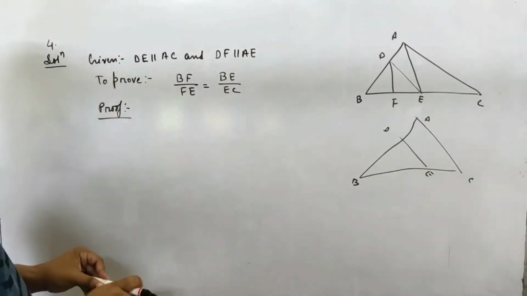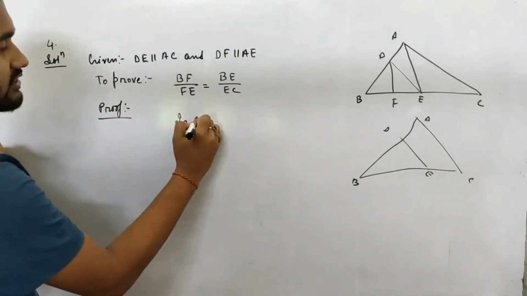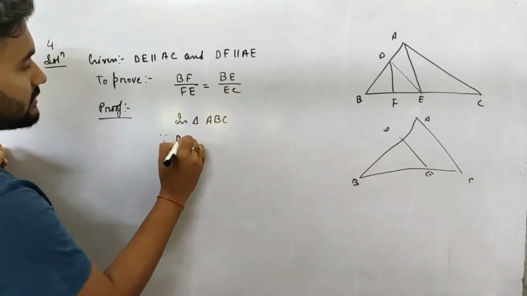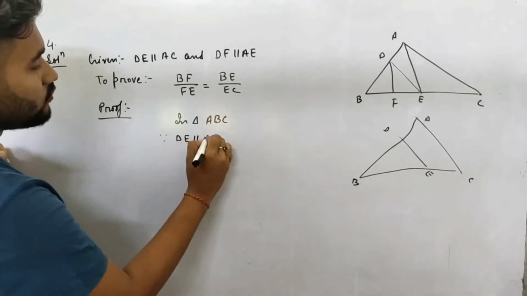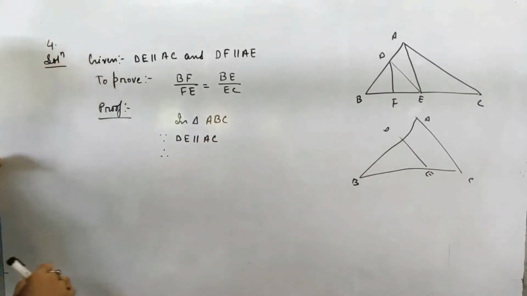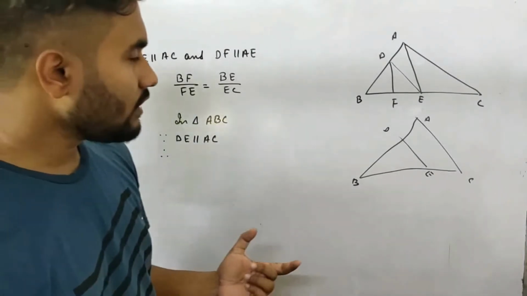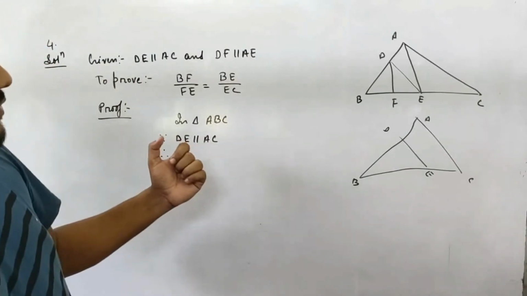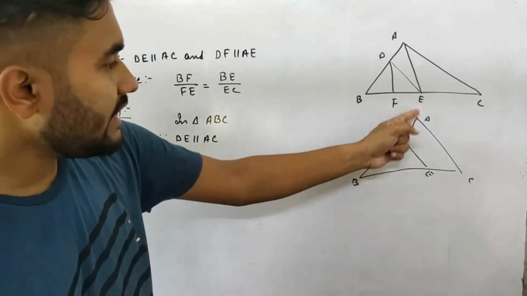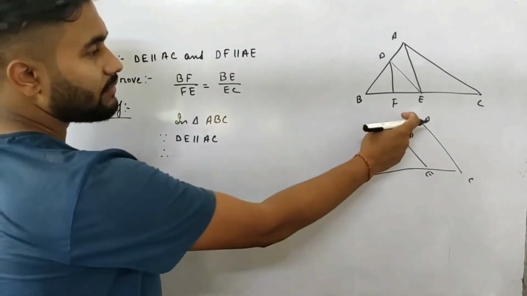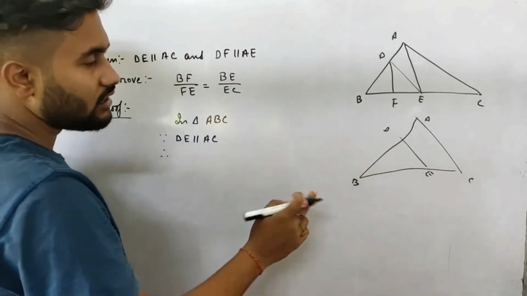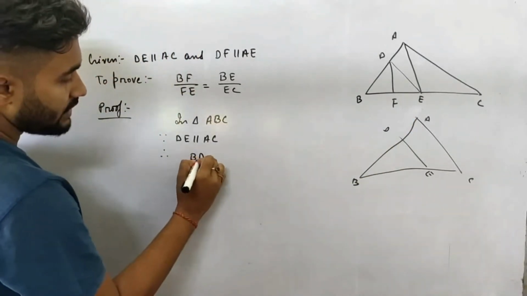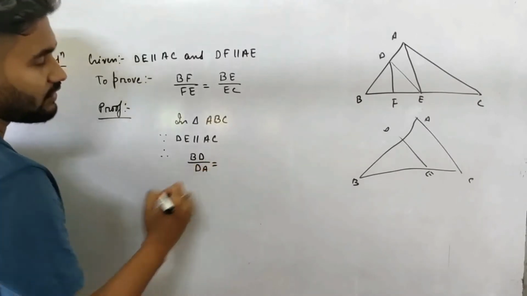Okay, so now see, now write proof in triangle what? In which triangle? In triangle ABC. In triangle ABC, since DE is parallel to AC, so therefore what we will get? We will get what? By any way you can start. We will get BD. In question what is there? Okay, we will get BD by DA. From here only I am starting. You can start by here also AD by BD. Okay, like this also you can start. But let me start from here. BD by DA. So BD by DA will be equal to what?